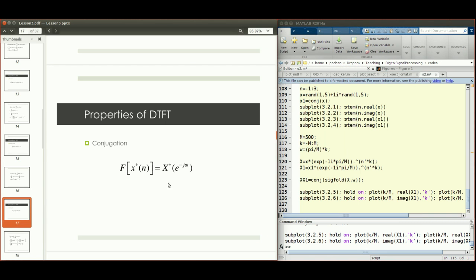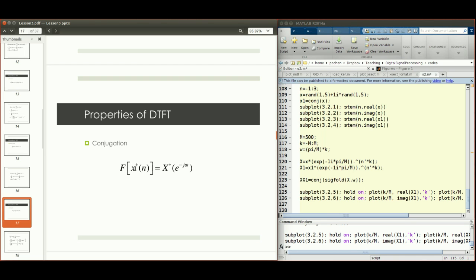The conjugation property. But suppose x actually is a real signal. It has no imaginary part. So what's actually happening here? If x is a real signal, then its conjugation is basically itself.